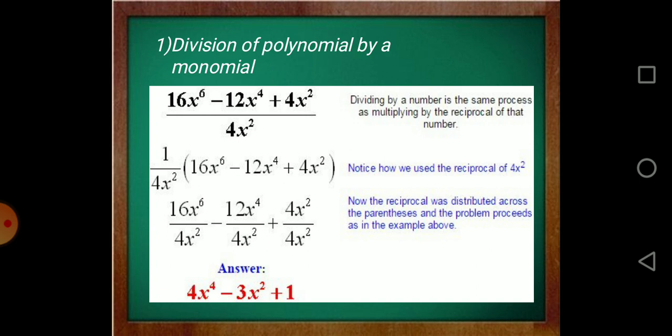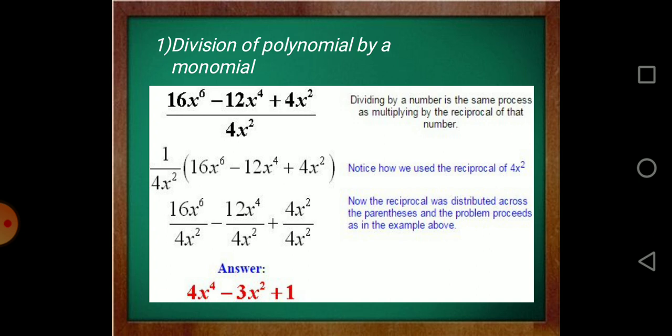The example is 16x power 6 minus 12x power 4 plus 4x square divided by 4x square. Here, a polynomial is divided by a monomial. So here, the polynomial in the numerator is the dividend and the monomial in the denominator is the divisor.